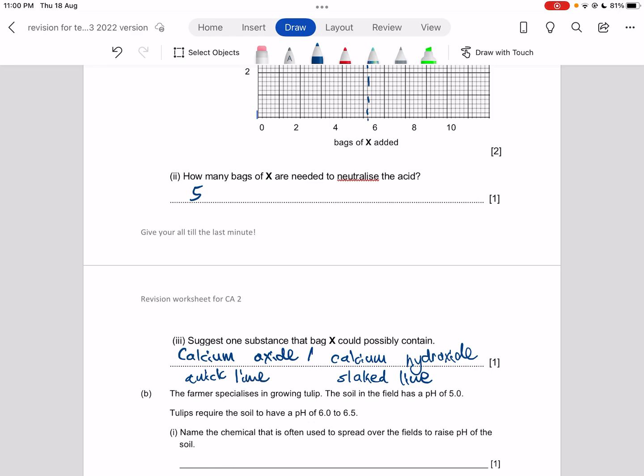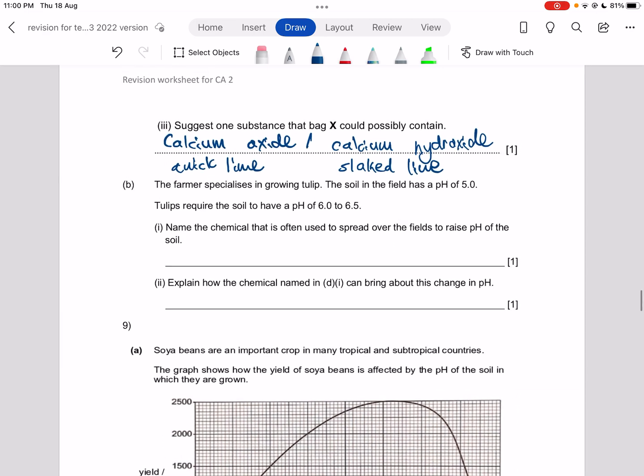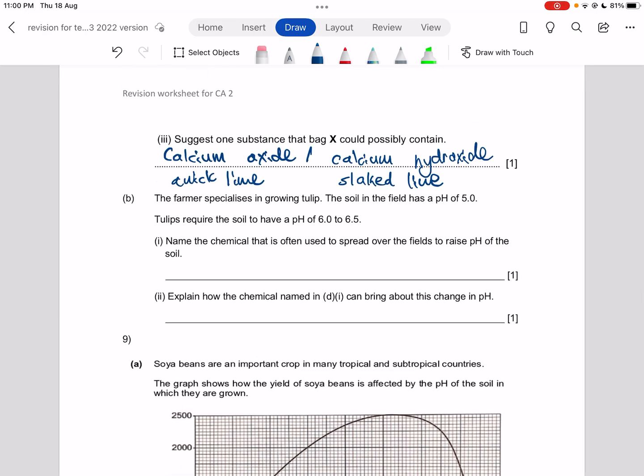Okay, so farmers specialize in growing tulips. So the soil is 5. Tulips require the soil to have a pH of 6 to 6.5. Name the chemical that is often used to spread over the field. Alright, let's have a look at this. Okay, so this one you can write calcium oxide or hydroxide again.